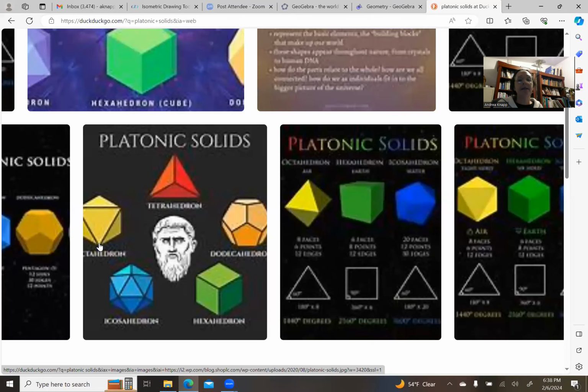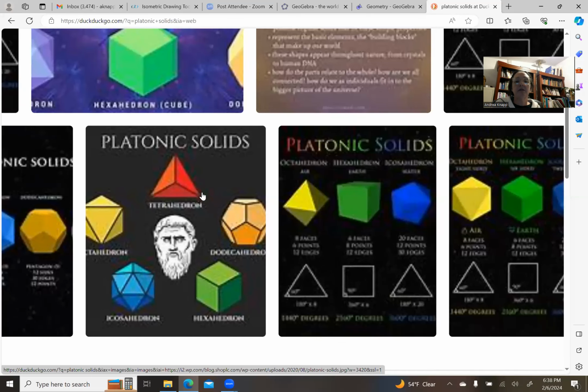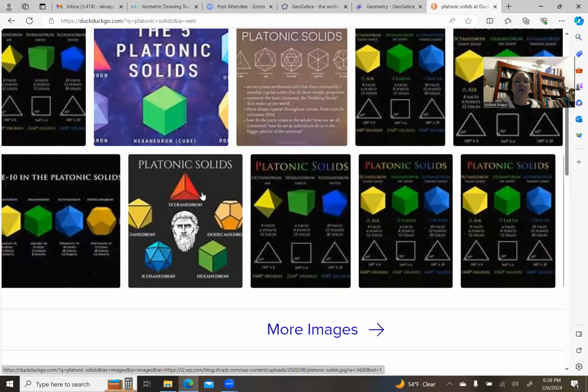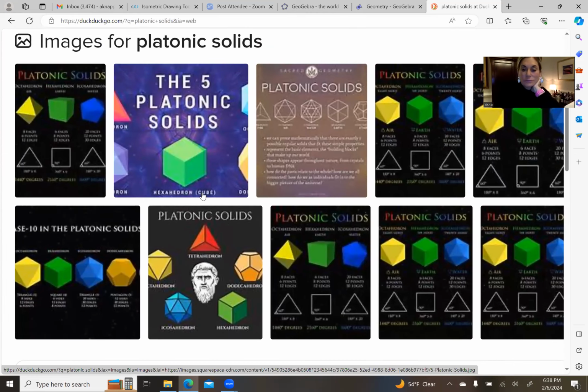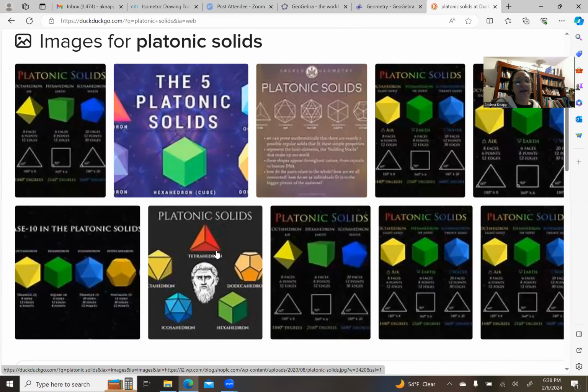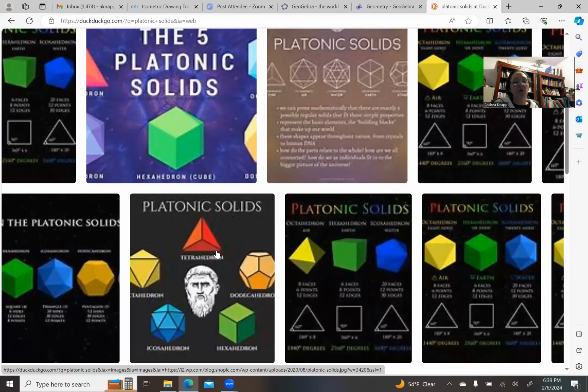Again, you can see that it's below 360 degrees. It's just a really interesting thing how the platonic solids can only be made in this way, because each vertex has to be less than 360.